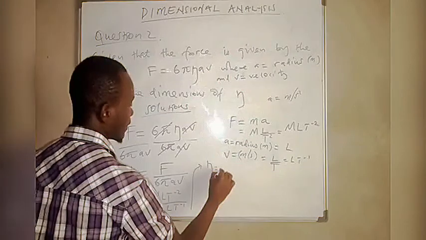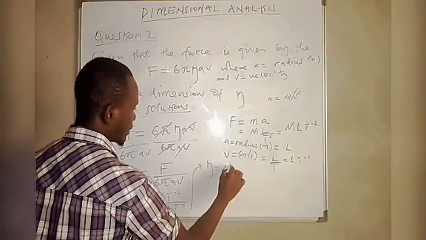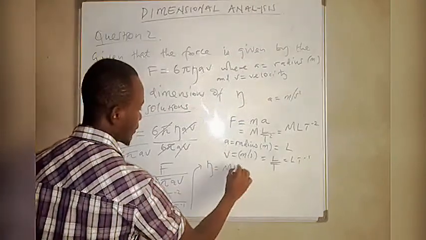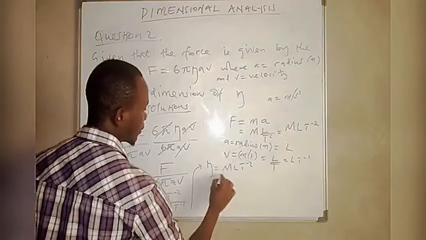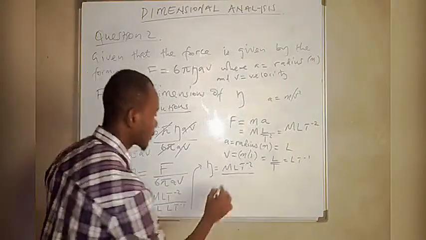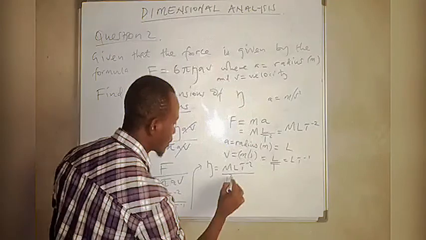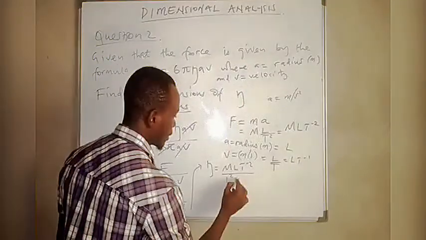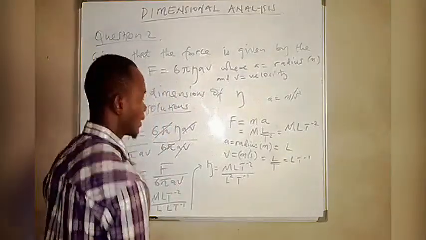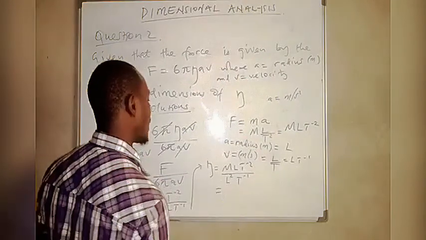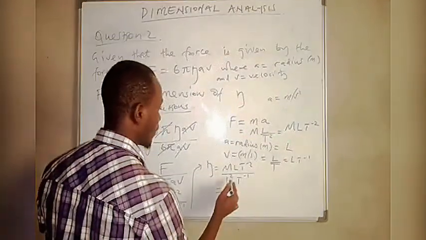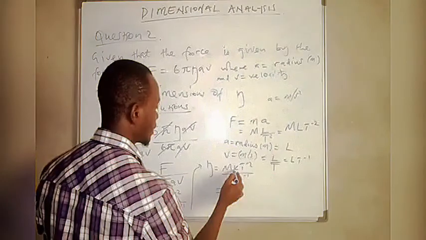So this one gives us the dimensions for force, M L T to the power -2, over L squared T to the power -1. If you want, we can cancel the L's.